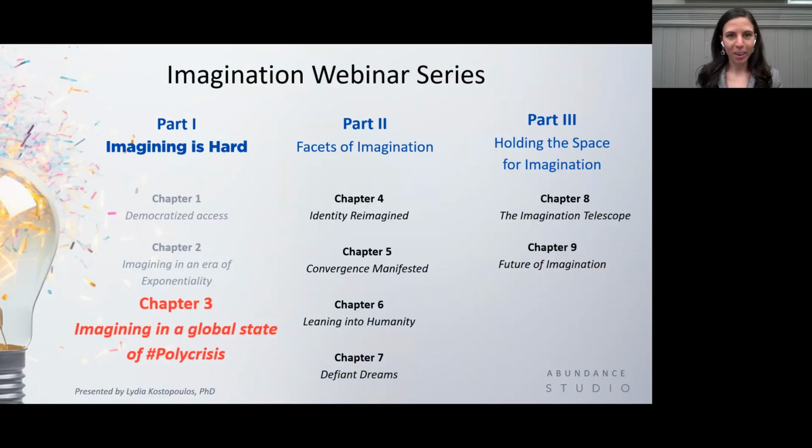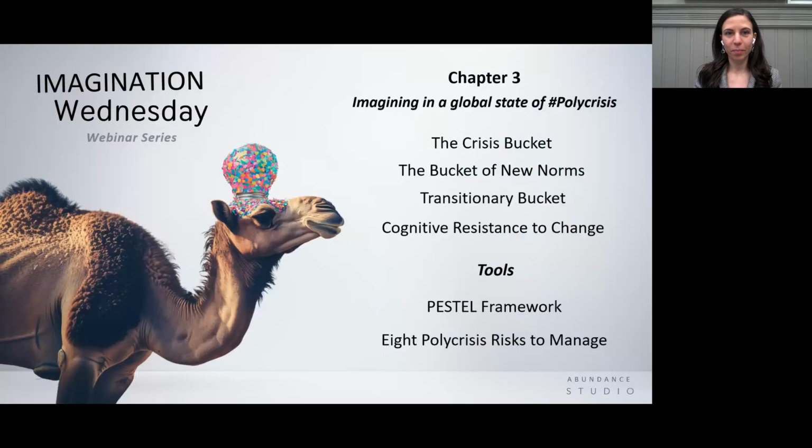So here we are in our webinar series roadmap, chapter 3. We're going to conclude part 1 with this session and then move next week to part 2, which is the facets of imagination. And today in this session, I'm just going to run through what we're going to talk about and then start talking about it. So we're going to talk about the different crisis buckets.